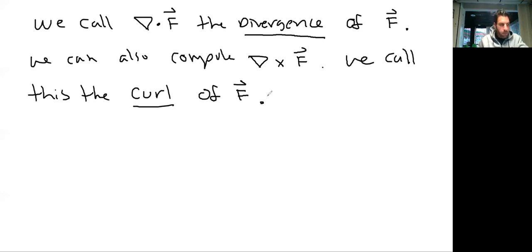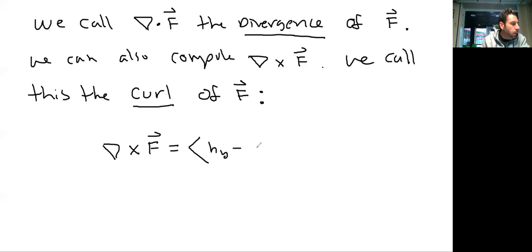You could suffer through the calculation if you want, but just to remind you, this is a vector, and it's the partial of h with respect to y minus partial of g with respect to z, comma, partial of f with respect to z minus partial of h with respect to x.